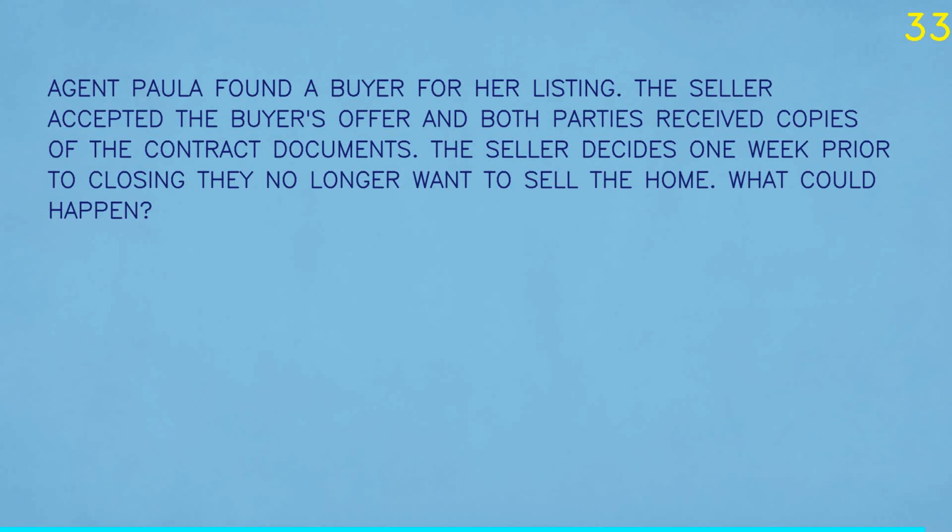Question 5. Agent Paula found a buyer for her listing. The seller accepted the buyer's offer and both parties received copies of the contract documents. The seller decides 1 week prior to closing they no longer want to sell the home. What could happen?